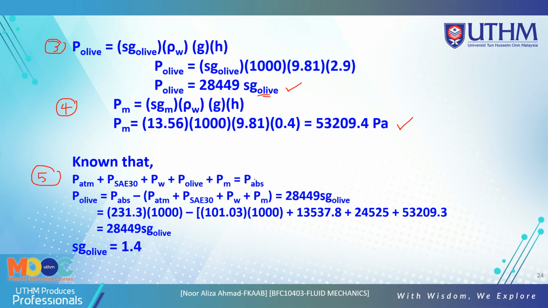P absolute is the pressure at the bottom. So P olive, we just keep here, and P absolute, and all the other pressures you put to the right side. So P olive is P absolute minus P atmosphere plus P SAE oil, PW and PM, which is equal to the pressure of olive oil.